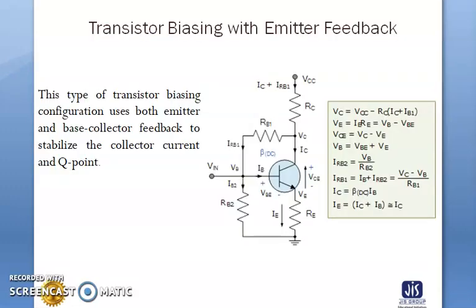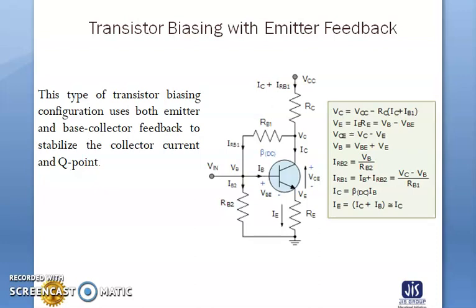Transistor biasing with emitter feedback. This type of transistor biasing configuration, also called self emitter biasing, uses both emitter and base collector feedback to stabilize the collector current even further.